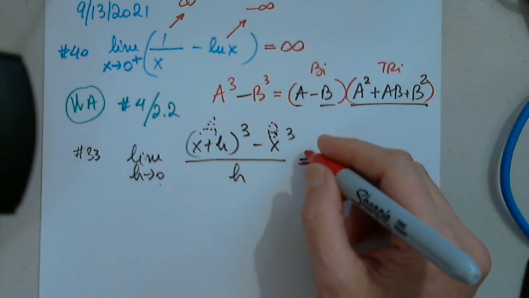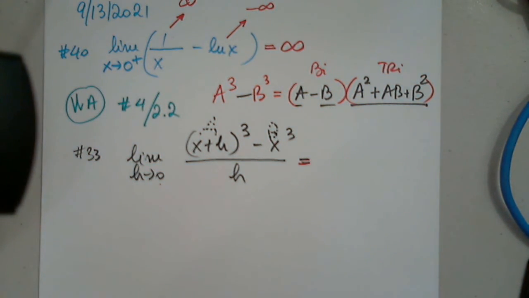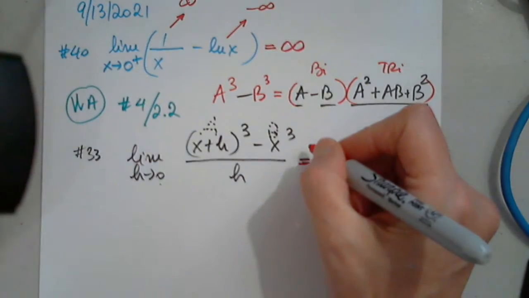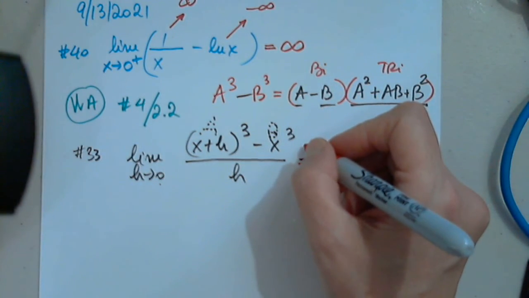Oh wait, no. What are you plugging in? You plug it in for x. But what does the limit say? Oh, sorry, h. You plug it in for h, so you get x cubed minus x cubed. Excellent. What is it? X cubed minus x cubed. Yes.